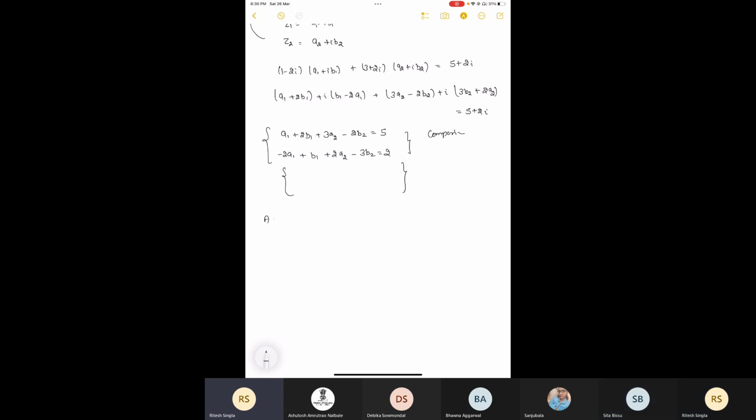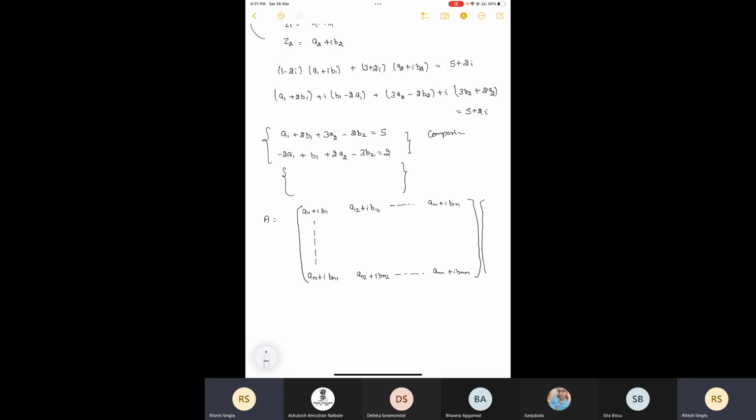So if I say A is some matrix which is like this: a11 plus i b11, a12 plus i b12, and so on up to a1n plus i b1n, and similarly here an1 plus i bn1, an2 plus i bn2, and so on, ann plus i bnn.